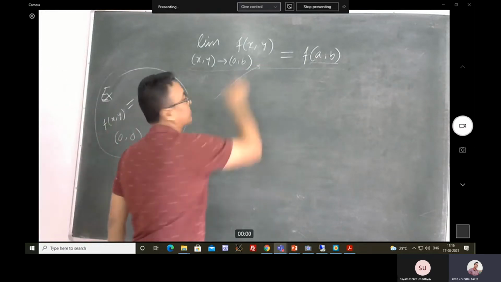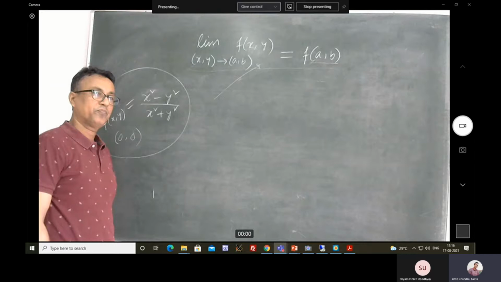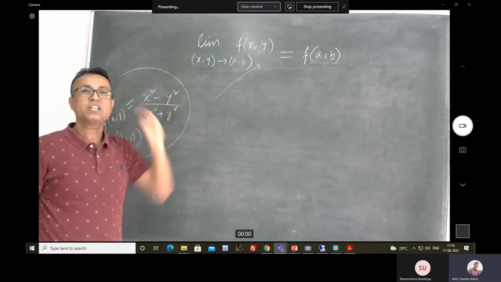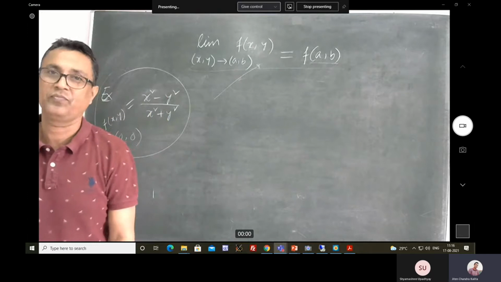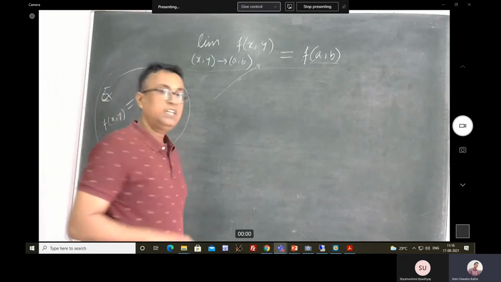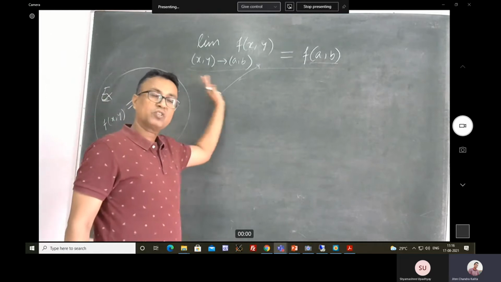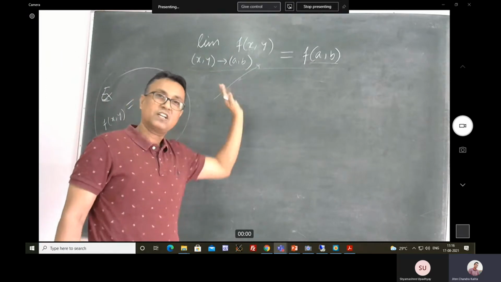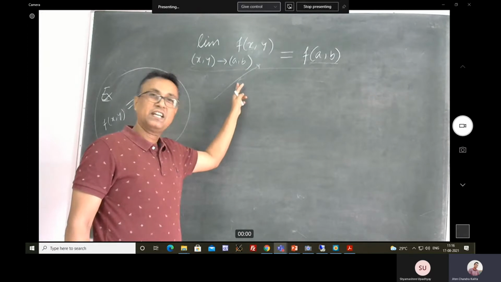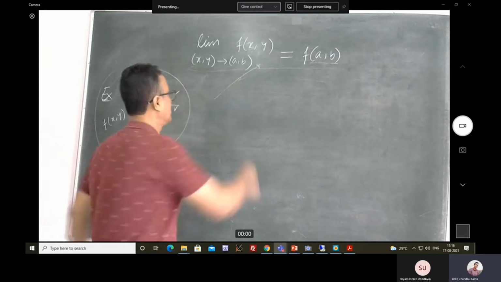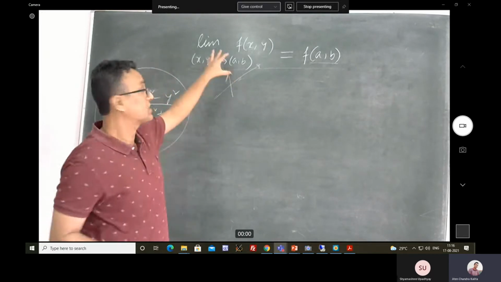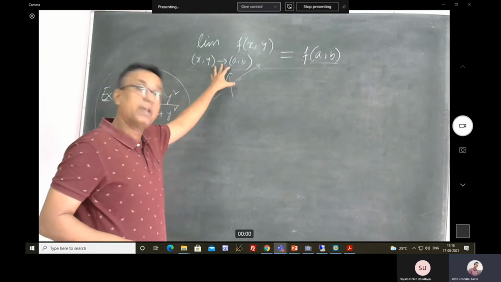Now let us look at this statement. Firstly, you have to look at the left-hand side. In order for the function to be continuous at a point, the limit has to be defined at that point. This limit on the left-hand side may exist or it may not exist.